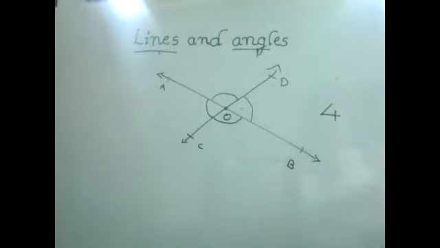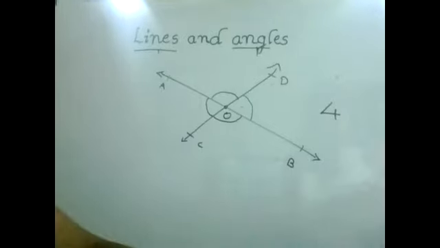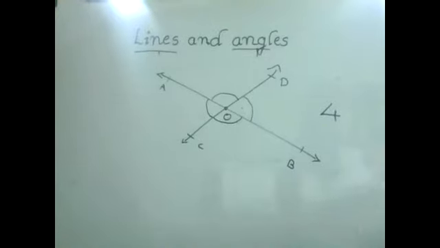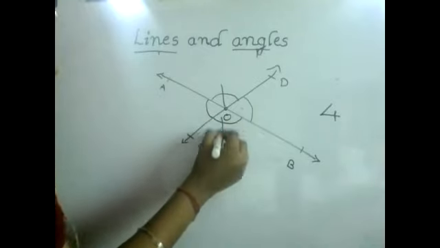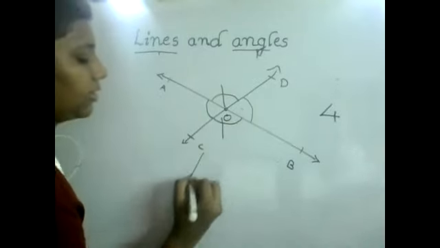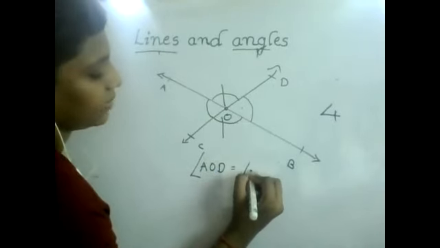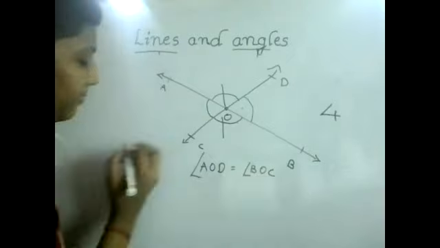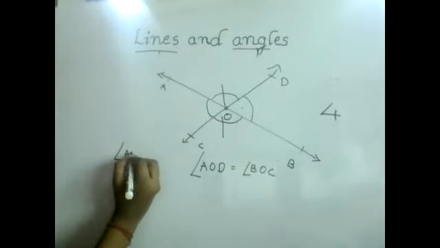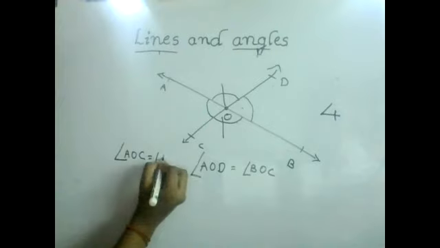And what is the condition here? In intersecting lines, the opposite angles will be equal. That is why they are known as vertically opposite angles. So what is the condition? This angle AOD and this angle BOC should be equal. If two lines are intersecting, then opposite angles should be equal: AOD equals BOC, and AOC is equal to BOD.